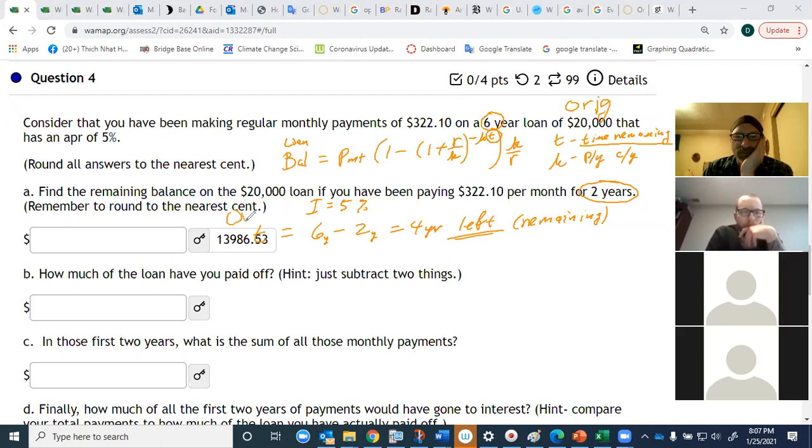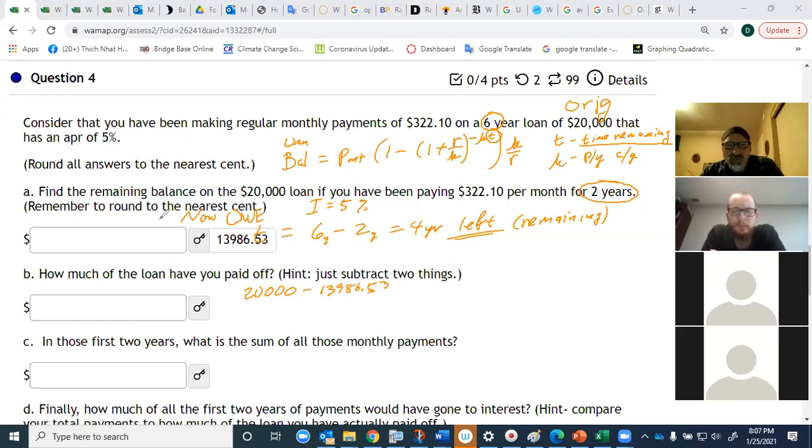You only owe this much now. This is what you now owe, right? So it went from 20,000 down to a little under 14,000. So it looks like you paid off about $6,000. So we would take the original, the 20,000, and subtract the 13,986.53. That's all you do.